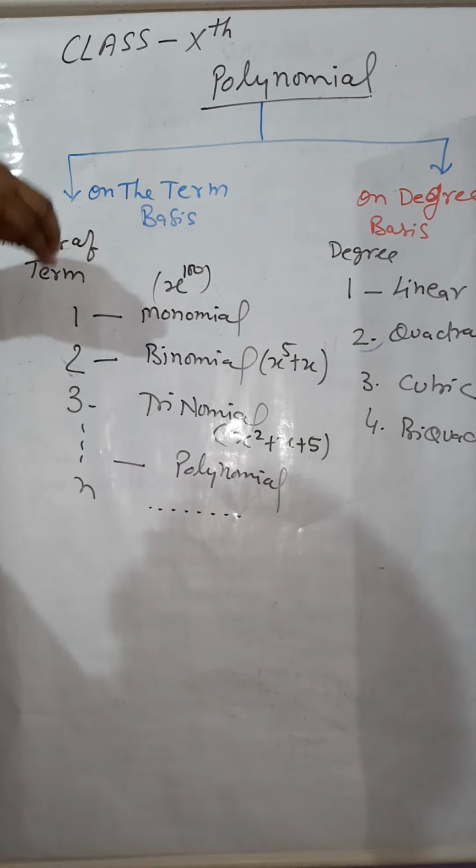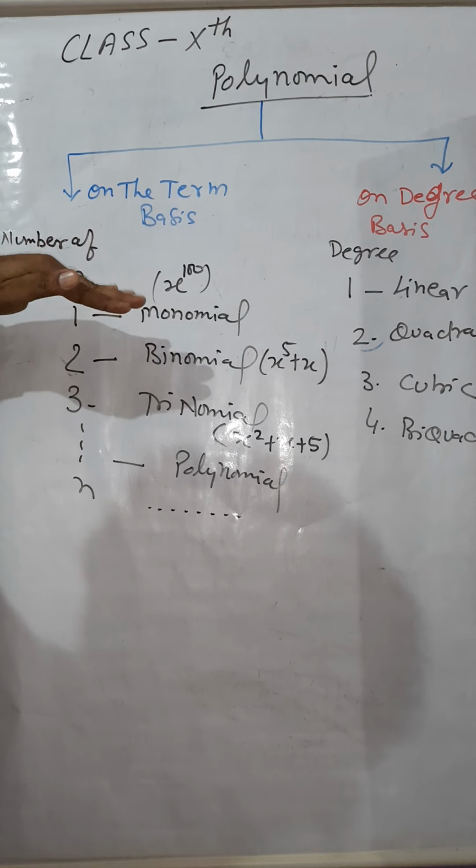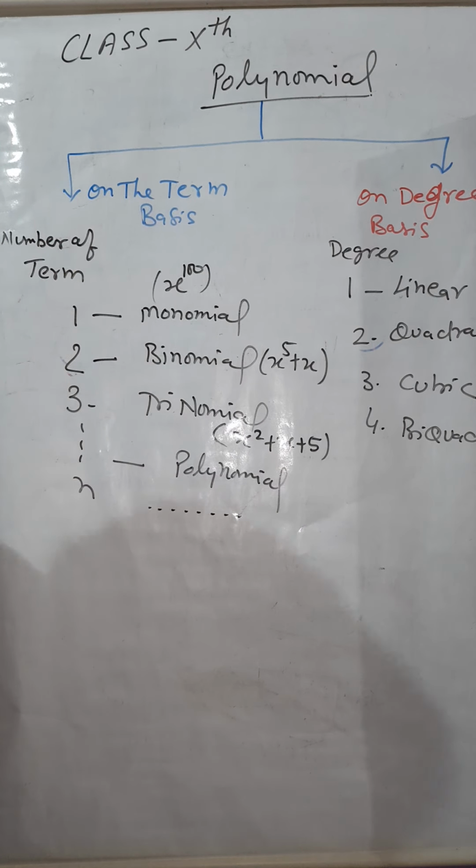So on the basis of terms, we have the names: one term monomial, two terms binomial, three terms trinomial, and polynomial.